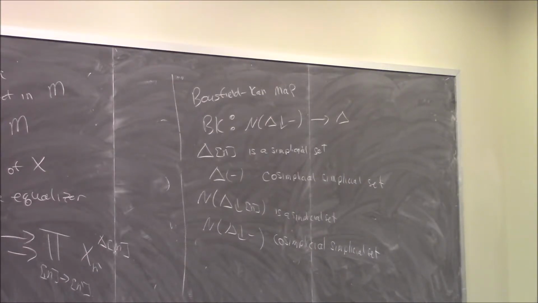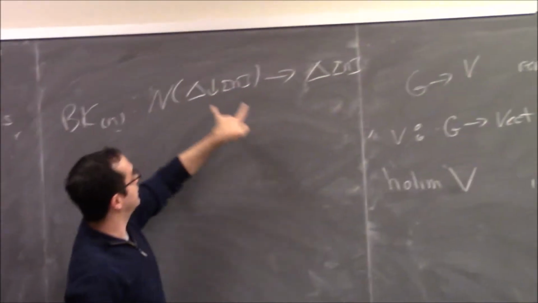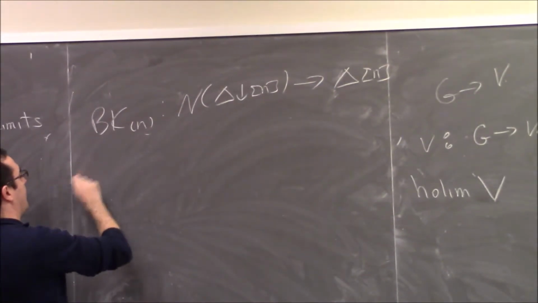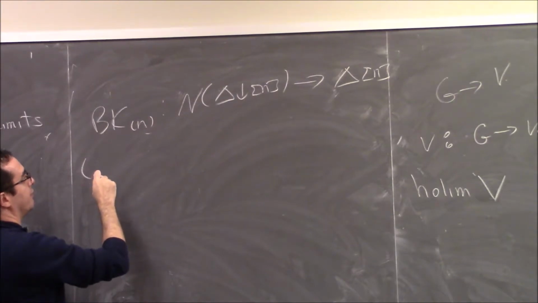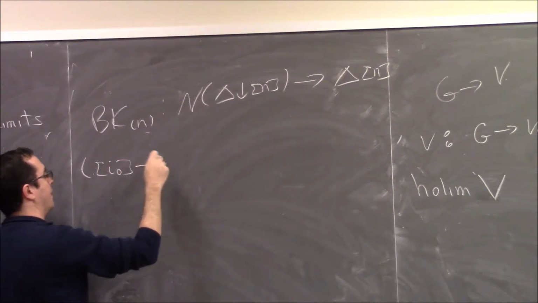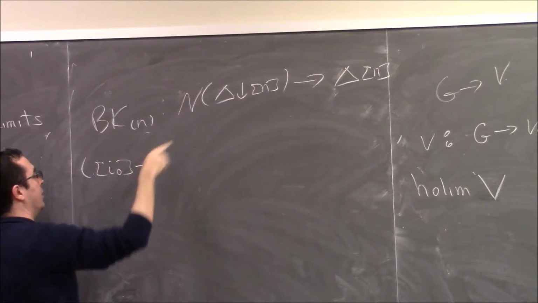So I want to map k-simplices in here to k-simplices in there. A k-simplex in my nerve is something of the form composable maps.